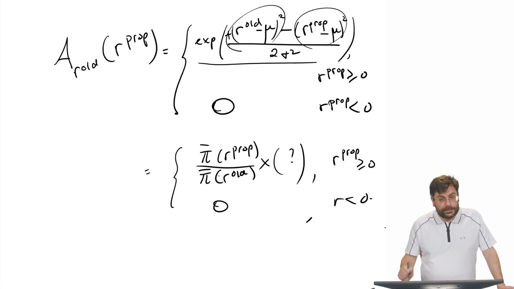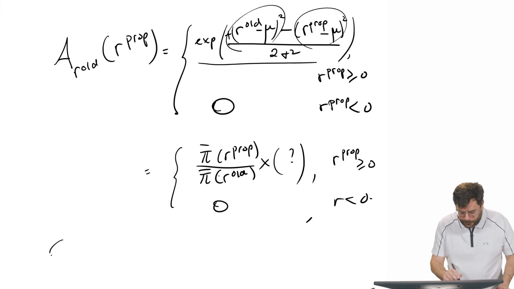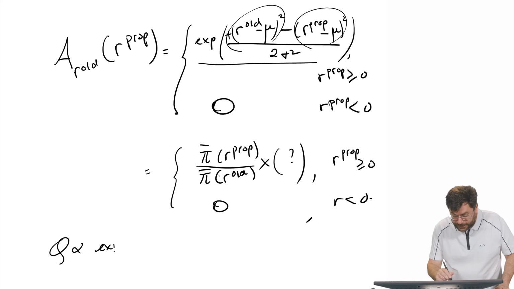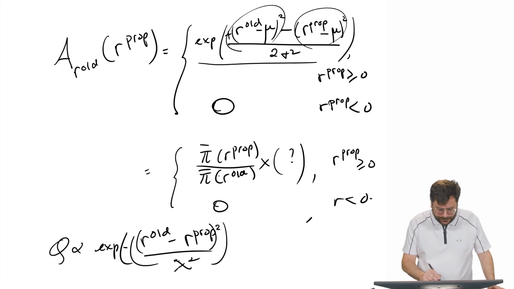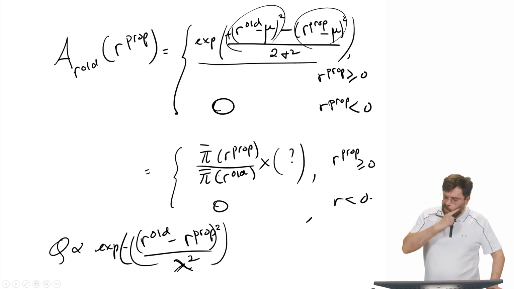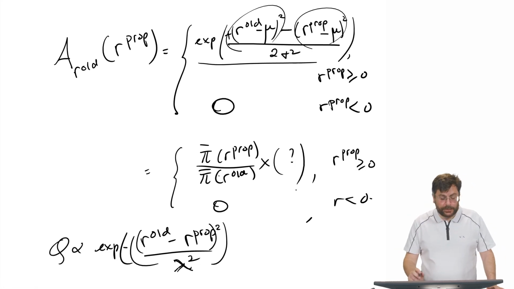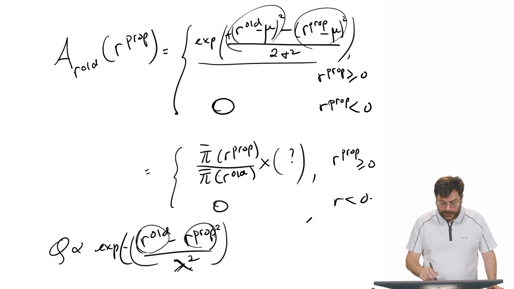The proposal distributions were Gaussian. If we remember, our Q was proportional to an exponential of R old minus R proposed, and this thing is squared. And there's a minus sign here, and that's lambda squared in the denominator. So the ratio of proposal distributions is 1, because if I swap this for this and then I square it, I get exactly the same thing back.